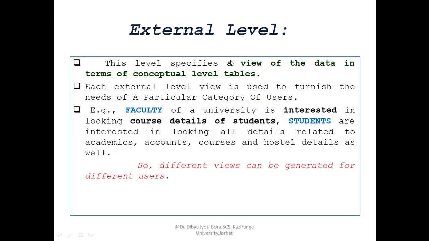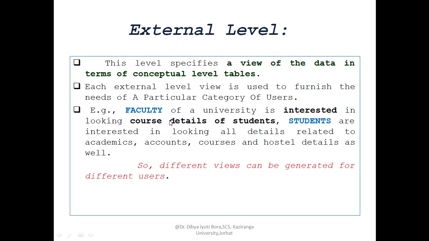Then the external level. This level specifies a view of the data in terms of conceptual level tables. So the external level deals with views. A view refers to a virtual table. For example, a faculty member of a university is interested in looking at course details of students, and students are interested in looking at all the details related to academics, accounts, courses, and hostel details as well.